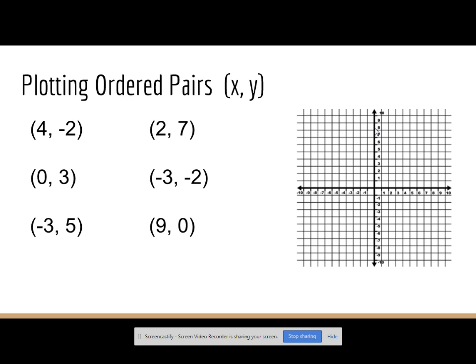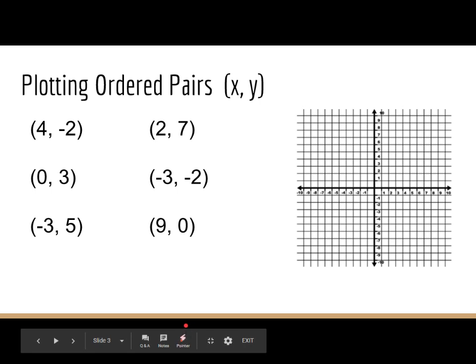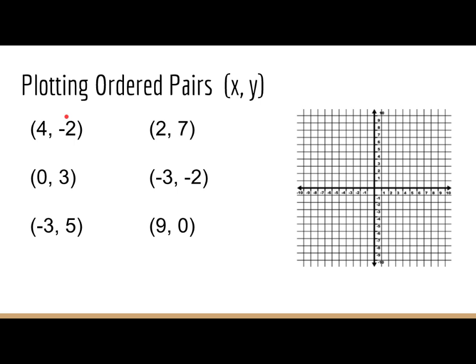So we've got the x-axis, and the y-axis is the vertical axis when we're looking at this coordinate plane, this Cartesian plane. So if you're going to plot the point (4, -2), the x coordinate is 4, the y portion of that coordinate is -2.